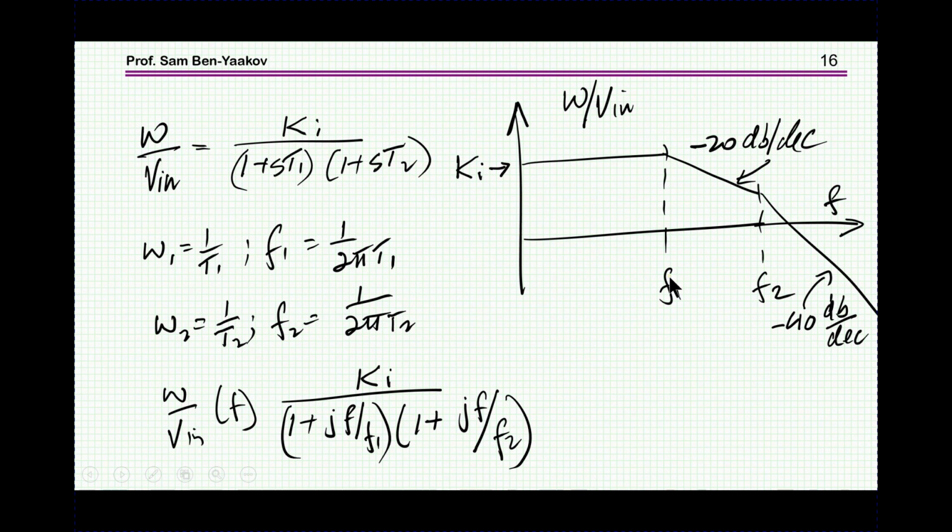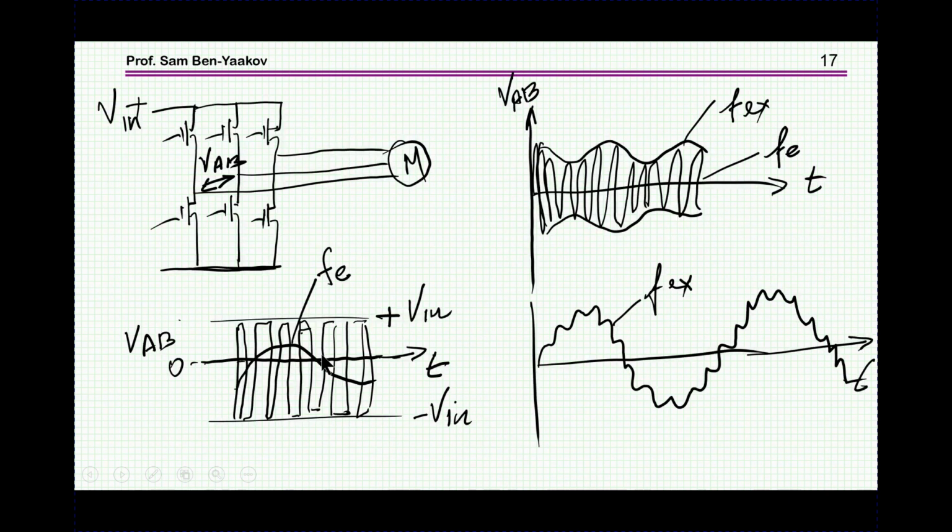This one at a lower frequency usually will be due to the moment of inertia, and this will be at a higher frequency due to the electrical network, R and L, and this will be therefore the transfer function of the motor itself. Let me clarify, however, a couple of things here so we can better understand what we are talking about.